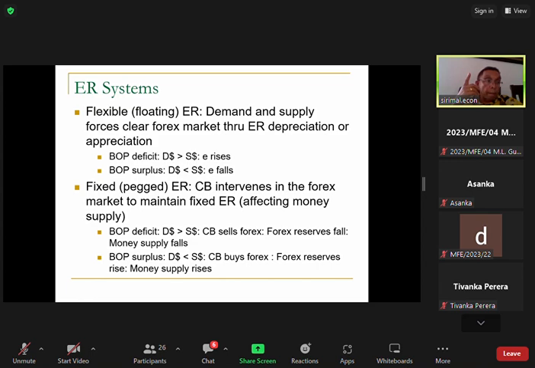First one, the gold supply was much more inelastic compared to world trade expansion. That is one reason. So the gold is becoming more and more valuable compared to international trade.